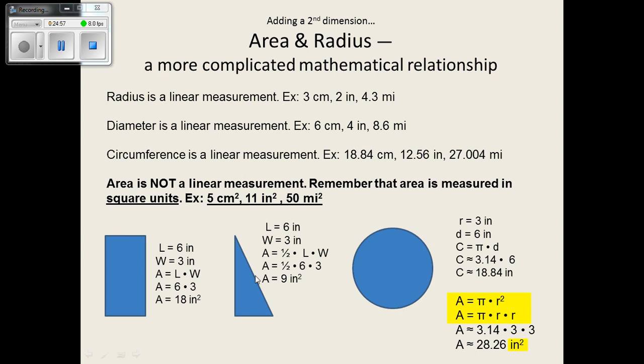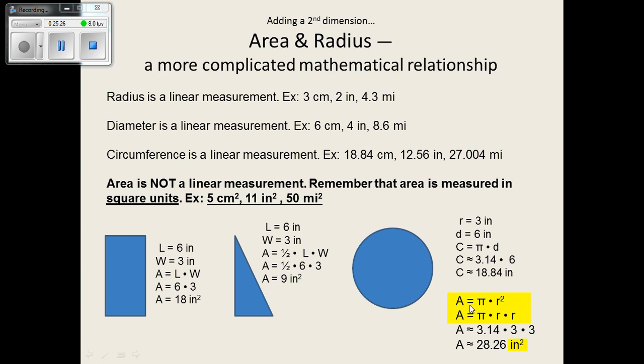The area of this triangle, we can use 1/2 times length times width. We would get 1/2 times 6 times 3, which gives us 9 square inches. With circles, we have radius, which is linear, diameter, which is linear, circumference, which is also linear. When we go to area, we have a special formula to use, and that's here in this yellow box.